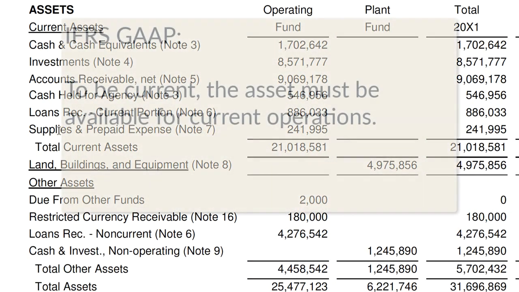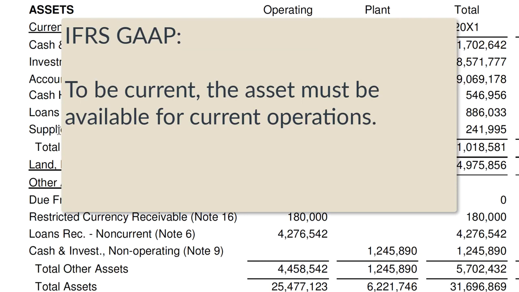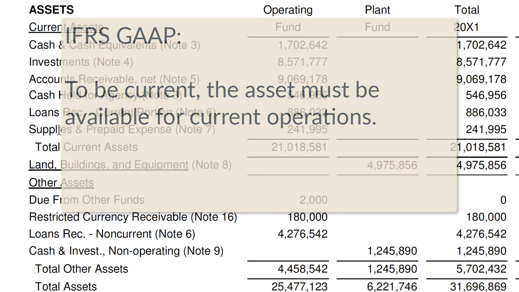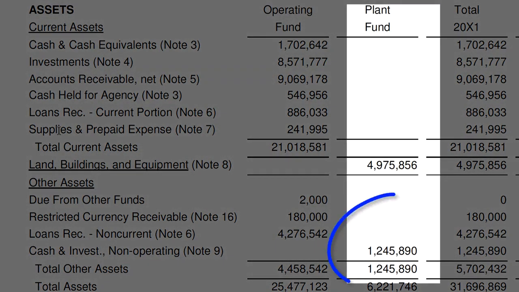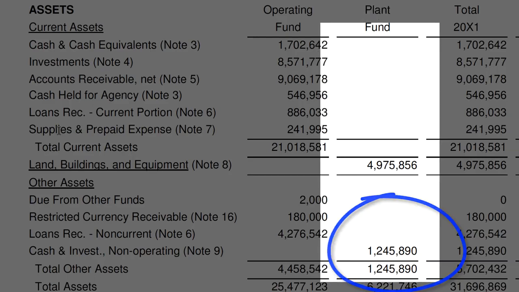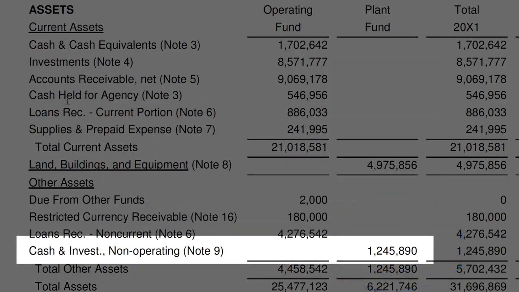This is not just a church rule. IFRS GAAP says that in order to be a current asset, it has to be available for operations. And the church has defined operations as our direct ministry. So money that we're saving for building and equipment are not part of current operations. These activities are important, but they are not the primary operations of the church.